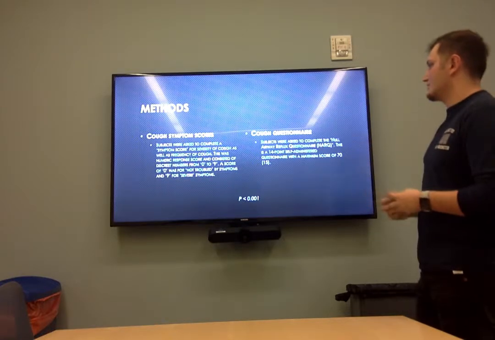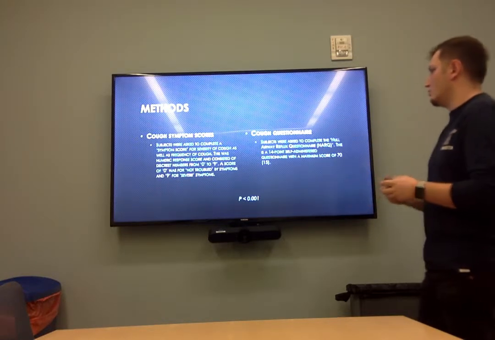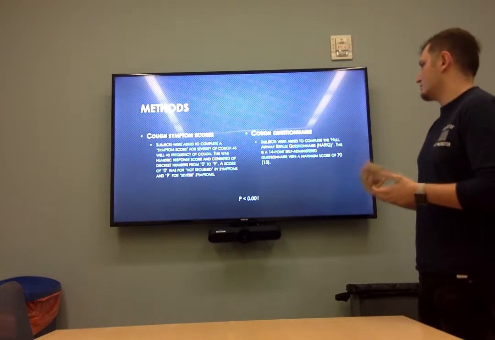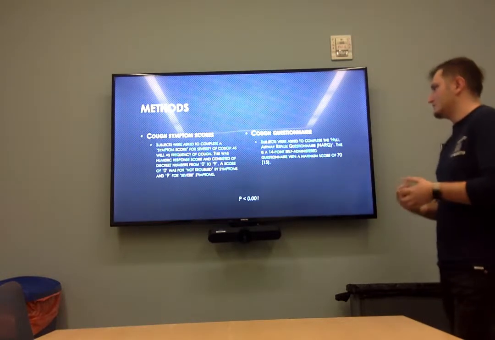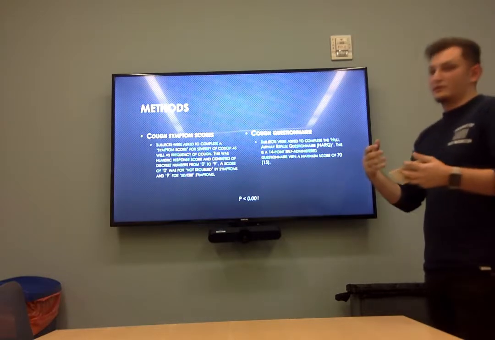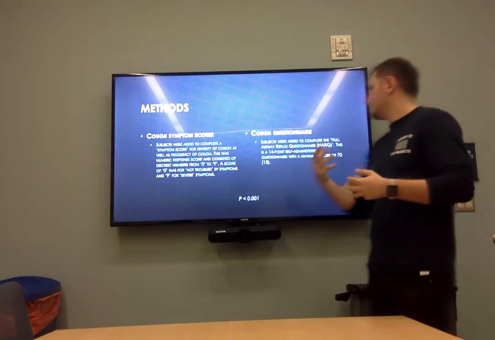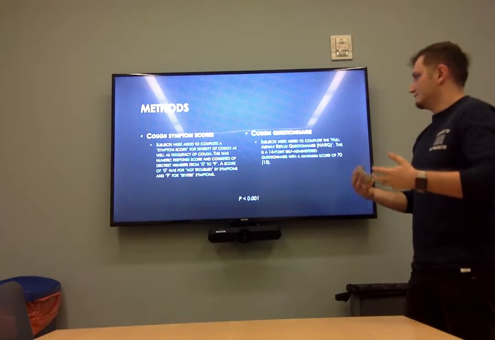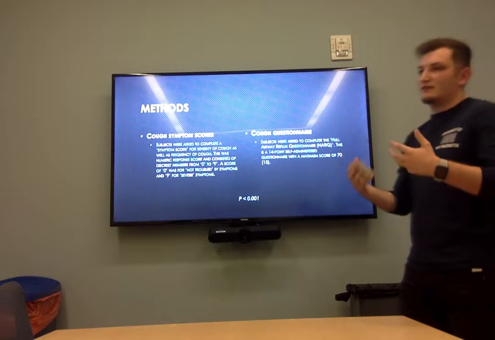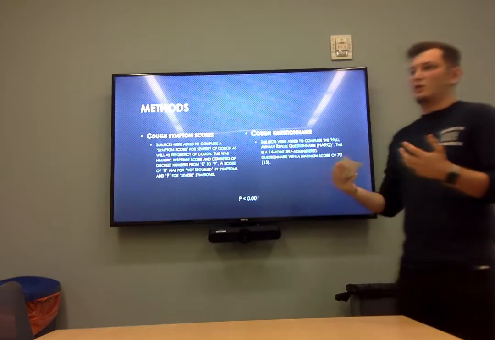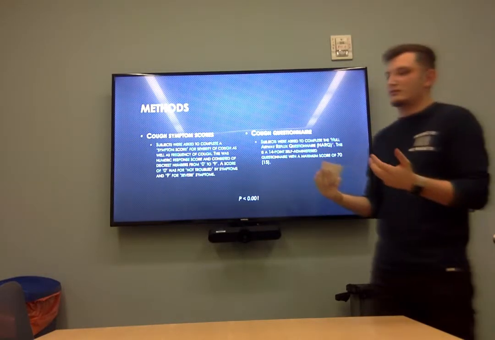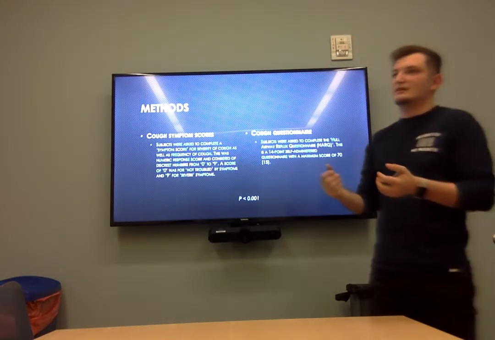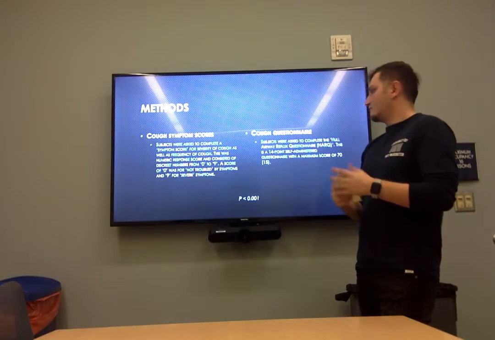For the cough questionnaire, the subjects were asked to complete the airway reflux questionnaire, which is a 14-point self-administered questionnaire with a maximum score of 70. This was basically a small determination of how severe your cough was and how frequent the cough was for the patient.